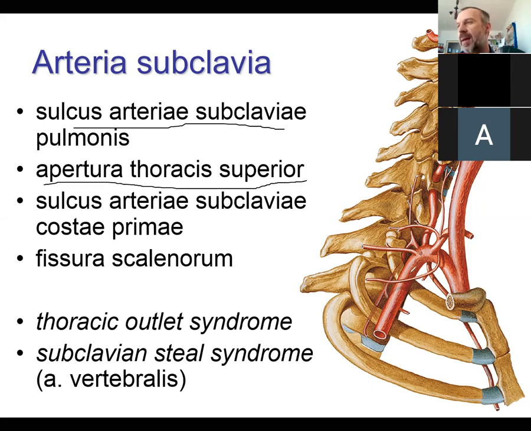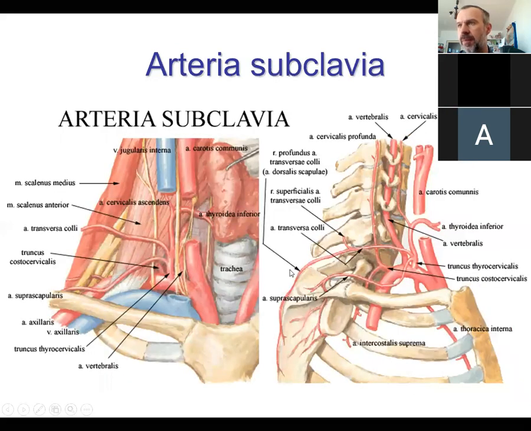We know it lies on the first rib, forming a groove here. So we can have something which is called thoracic outlet syndrome. It can be compressed in the thoracic outlet by a tumor of the apex of the lung, for example. And it can suffer here from the subclavian syndrome we have already talked about. So that's the important topography.